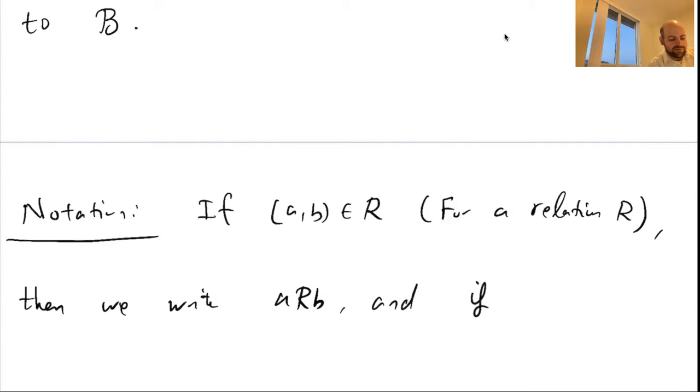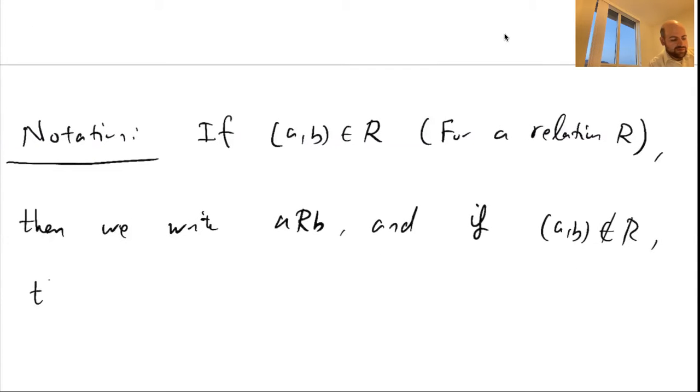And if a and b do not belong to R, then we write a R-with-a-slash b. Then we say a and b are not in relation, meaning that (a, b) does not belong to R.